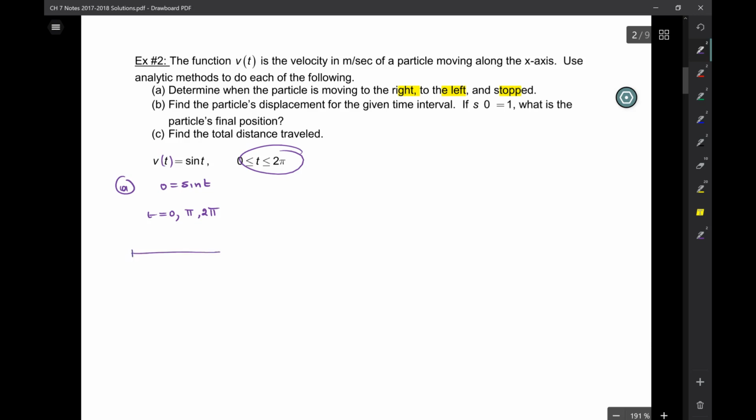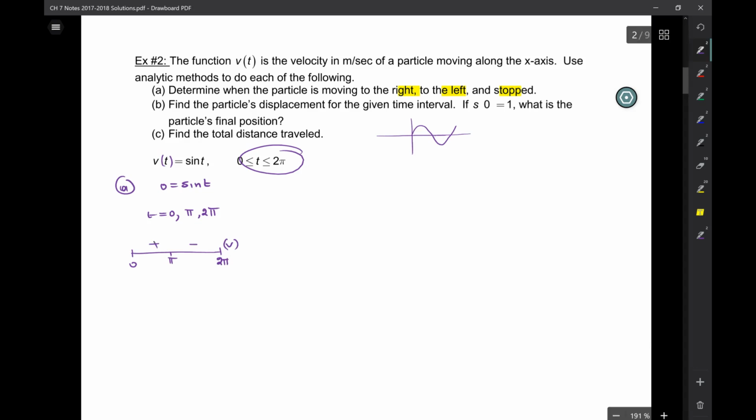So here I have 0, pi, 2 pi, and this is v. Now, v was sine of t, remember? Sine of t looks like this. So in the beginning, sine of t is positive, then it's negative.